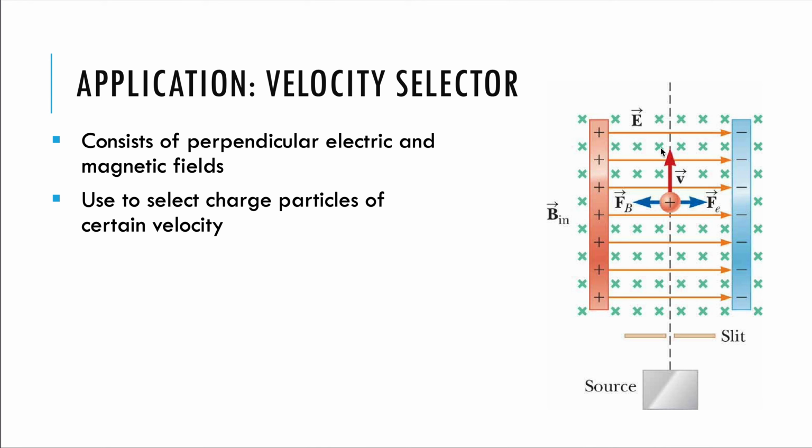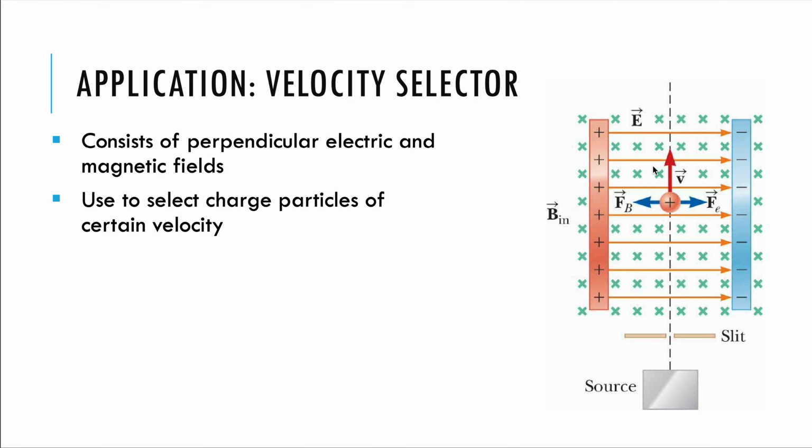And this is used to select charged particles of certain velocity. So if you have a bunch of charges that are going through here, then only the ones that have a certain velocity are going to be able to make it straight through. If they don't have a certain velocity, they're going to be deflected one way or the other, right?